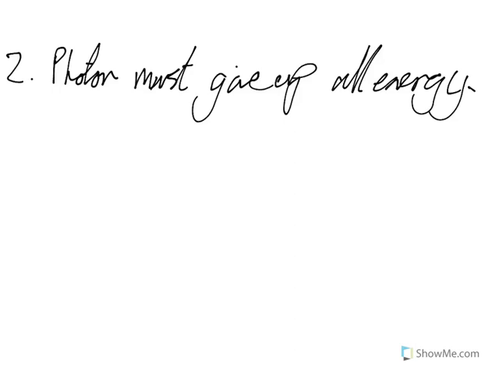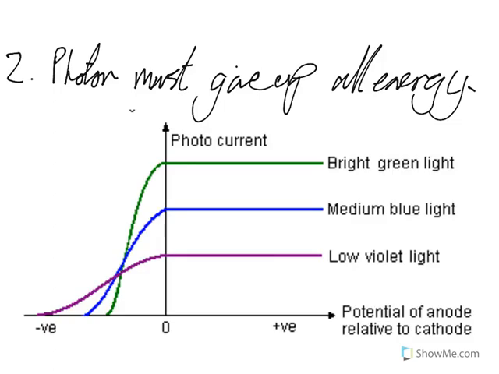So here's another graph. It's not really related. Well, it is related to that actually, so I better put it in. That's this graph here. Violet light has a very high frequency. So if E equals hf, remember, high frequency means a high amount of energy. If it's got a high amount of energy, it's going to take quite a bit of voltage to stop those electrons. Green light is a low frequency, lower energy, so not as much voltage to stop those electrons.